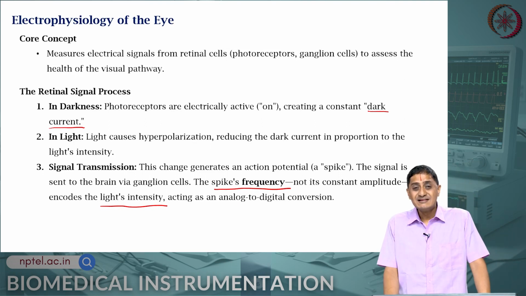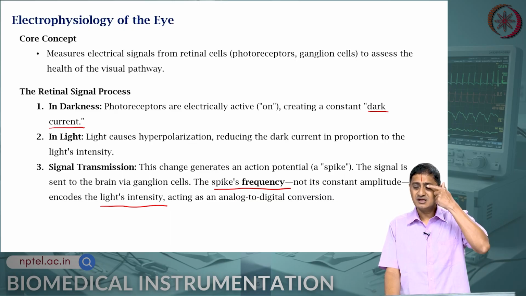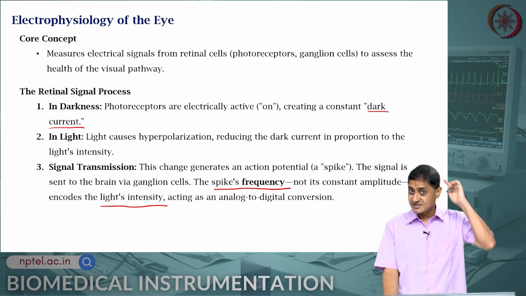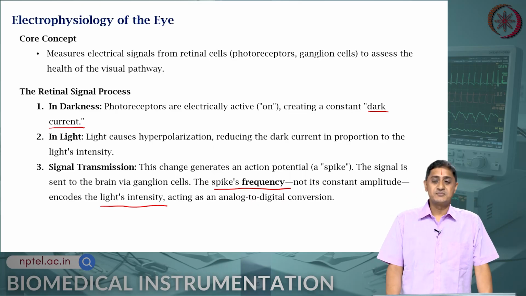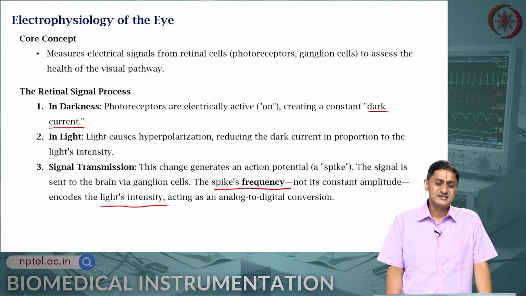Because this visual information will have to travel a long distance. How much distance? Few centimeters, perhaps more than 10 centimeters. No? The distance between my eye and my occipital lobe, which is here, in the posterior part of the brain. That distance is perhaps more than 10 centimeters depending on the head size.